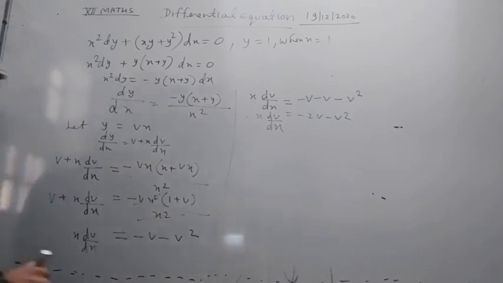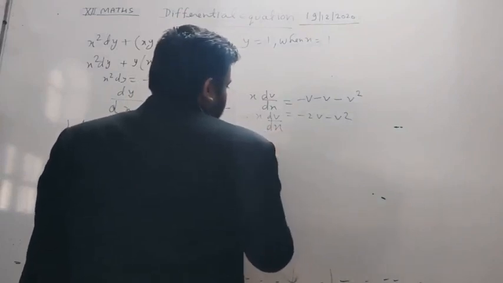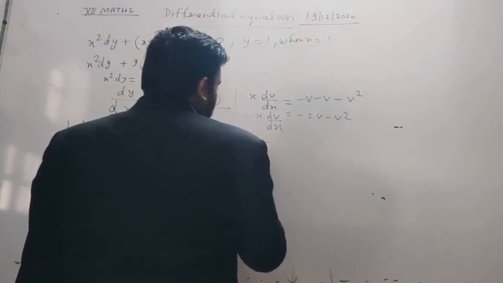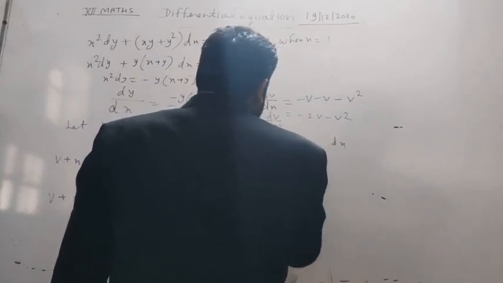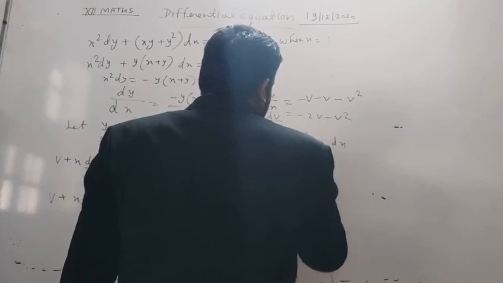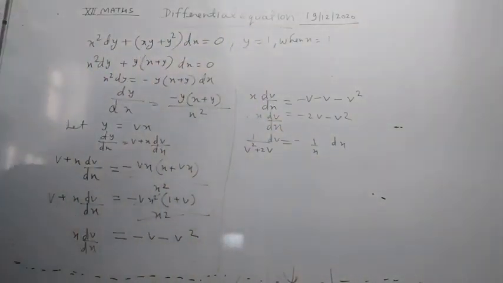Okay student, so let us write 1 by v square plus 2v dv is equal to dx by x with negative sign. Okay, now student, this is our v square plus 2v dv.